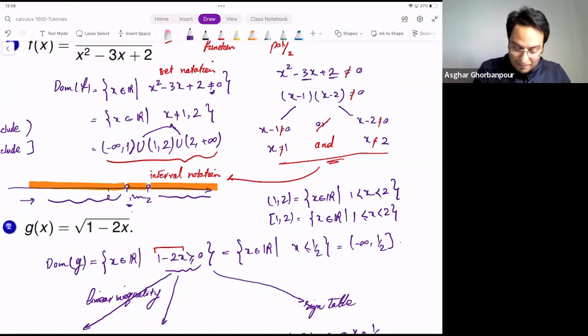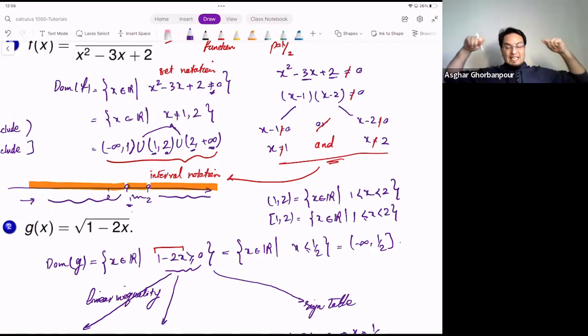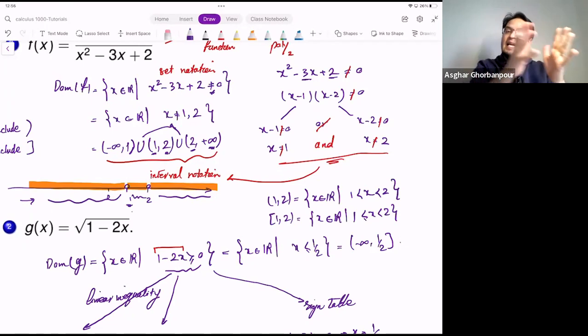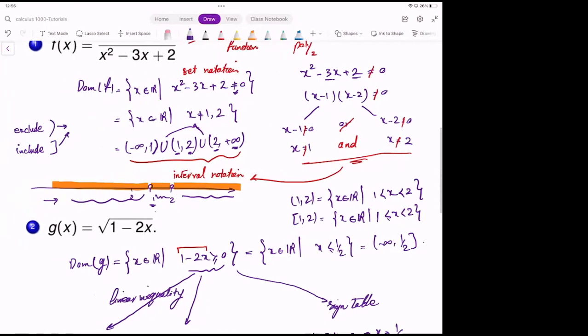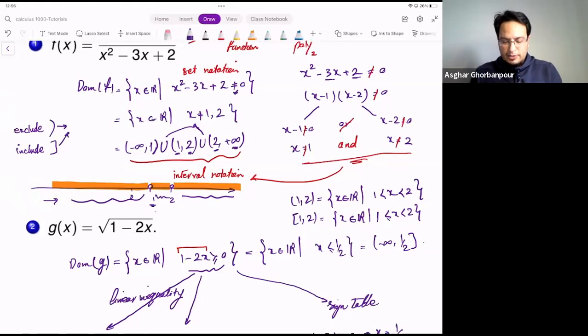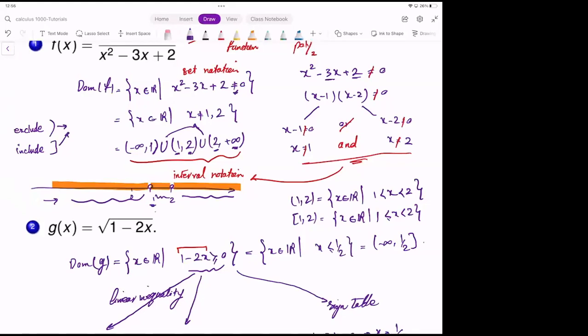So you go from this endpoint to that endpoint, from this endpoint to that endpoint. But to specifically say whether an endpoint is included or not, you have to use either a round or a closed bracket. So which means that in that union format, you wrote that 1 and 2 are not included. Exactly. The way I wrote it, 1 and 2 are not included. Okay. Thank you.